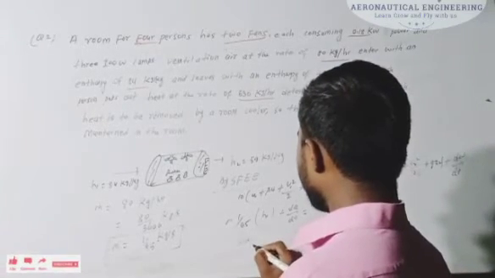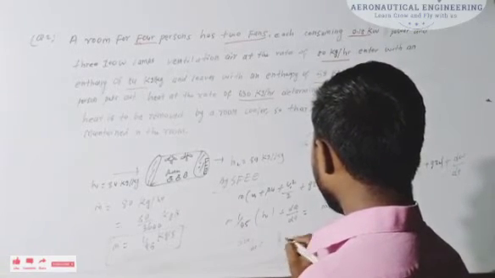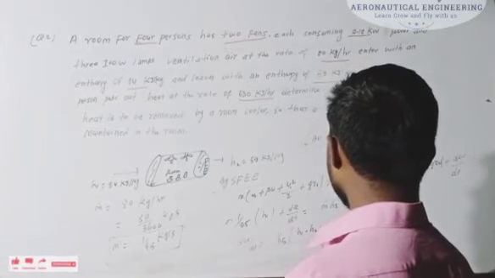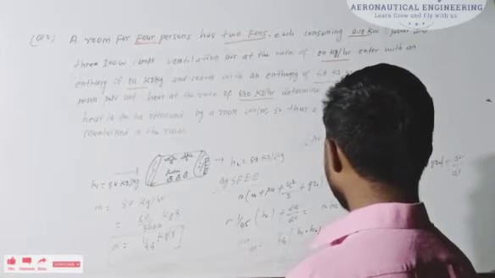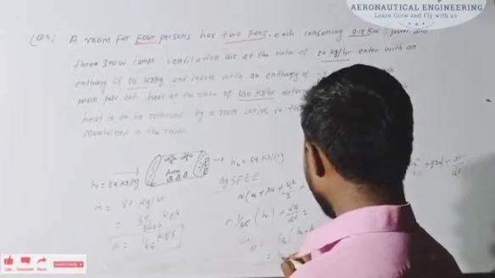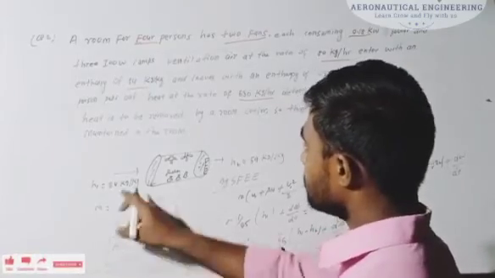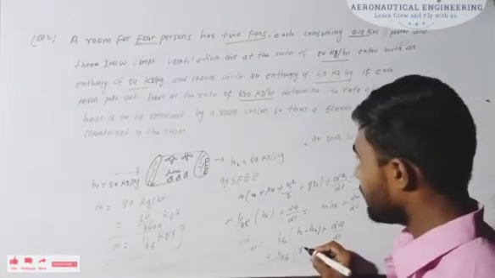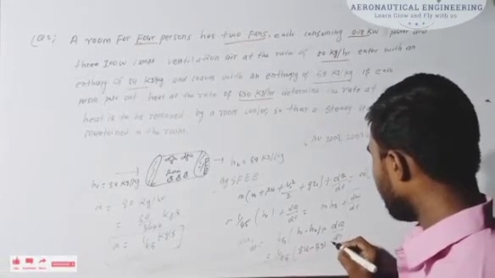So dW by dt equal to, this 1 by 45 is common, m dot value 1 by 45, times H1 minus H2, plus dq by dt. 1 by 45, H1 value is given 84, minus H2 value is given 59.